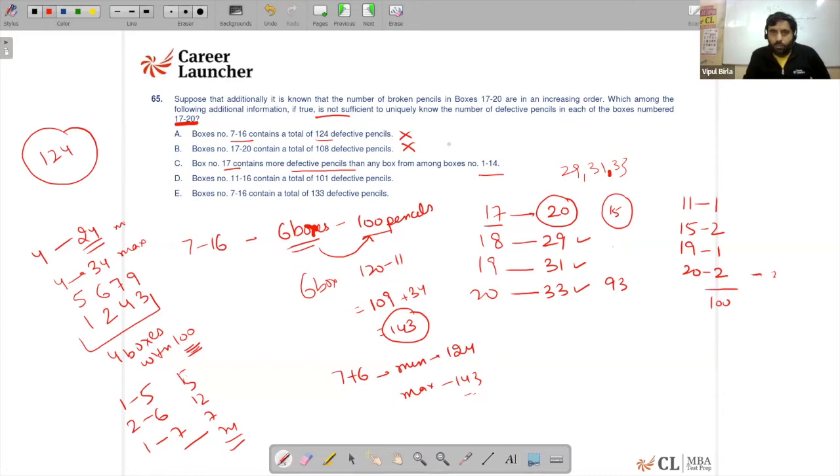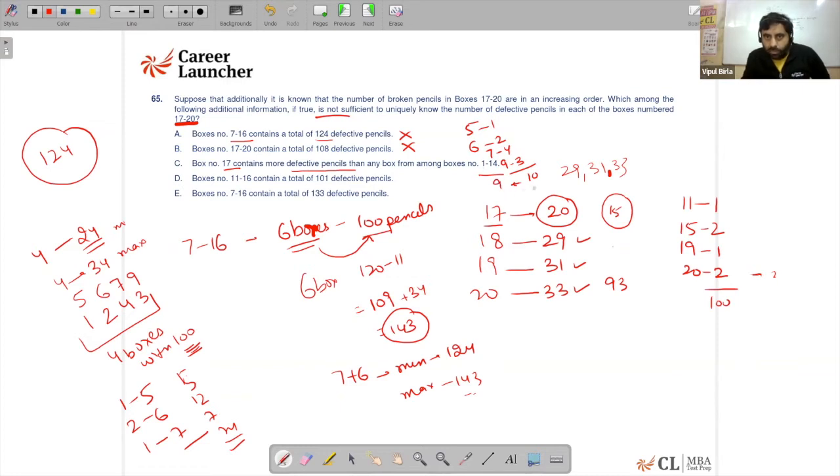Look out for the minimum so that we'll have more options for box number 17. So we've got 1 box with 5, 6 broken in 2, 7 in 4, 9 in 3. So in total, 4 plus 3 is 7, plus 2, 9. So 10 boxes with at most 9 pencils broken.